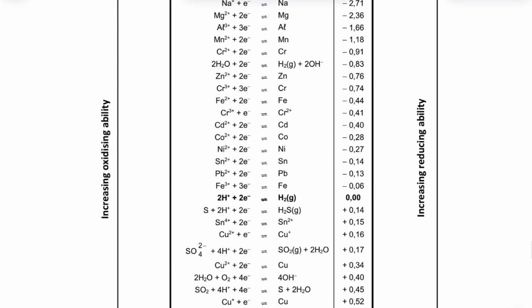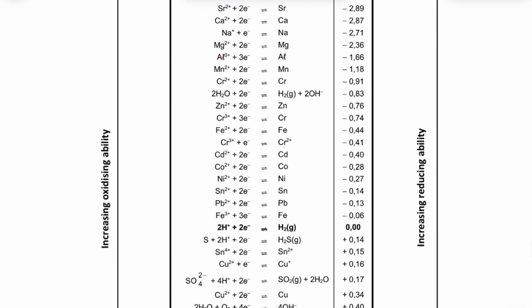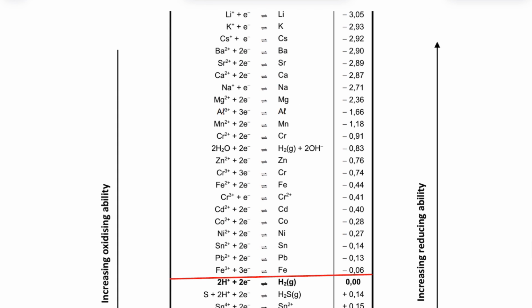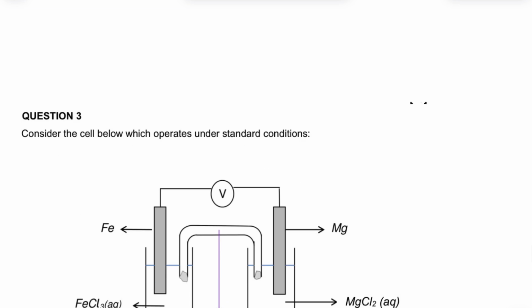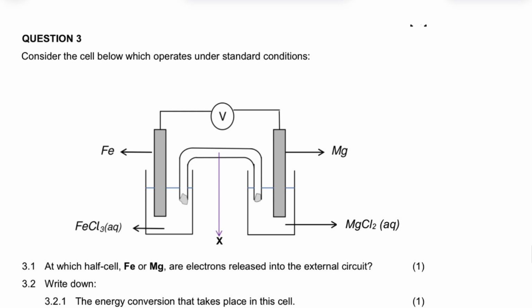So which is going to be this one? We're going to use this one, right? And then the magnesium, it's going to be that one, right? So the other electrode has the magnesium, and this one has the iron.